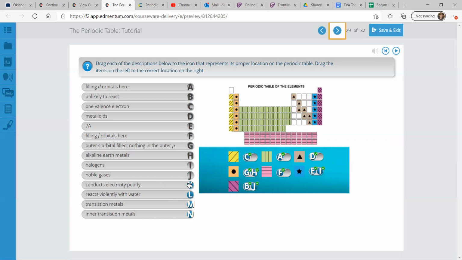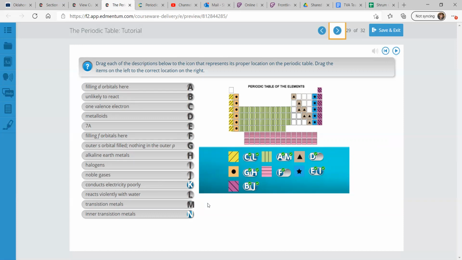Conducts electricity poorly. Well, no, I wouldn't say that. Group 1 reacts violently with water. The metals, alkaline metals. Transition metals, that'll be those green horizontal lines or vertical lines.